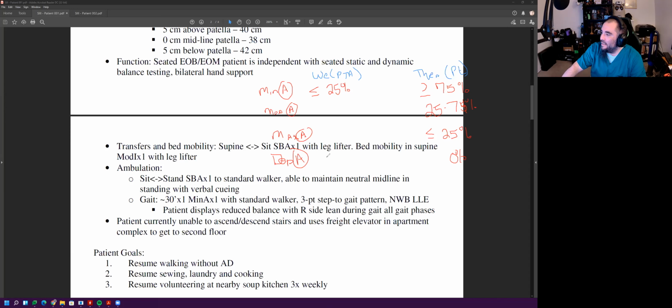At dependent assist, we are doing 100%. At max assist, we're doing greater than or equal to 75% of the work. In the mod range, we're doing somewhere from more than 25% to about 74% of the work, depending upon the patient. So mod is our biggest range.